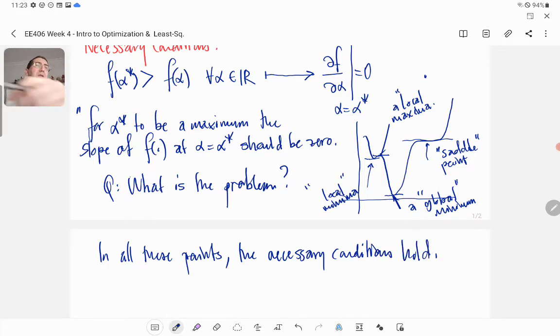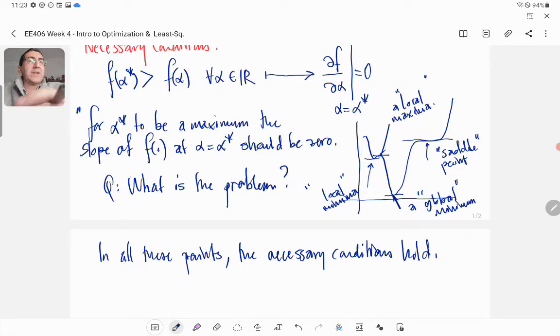That means local maxima, local minima, global maxima, global minima, saddle point. In all of these points, the derivative of the function evaluated at that point is equal to 0.